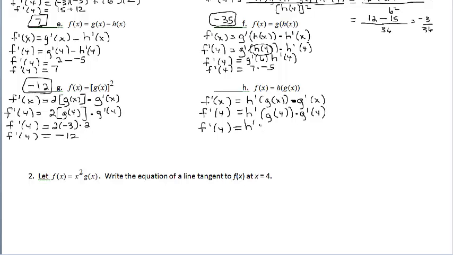So g of 4 from the table is negative 3, so I'm going to have to go back up to the table and find h prime at negative 3. G prime of 4 I'm just going to bring down.